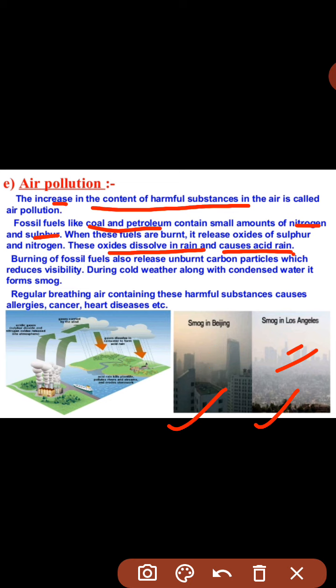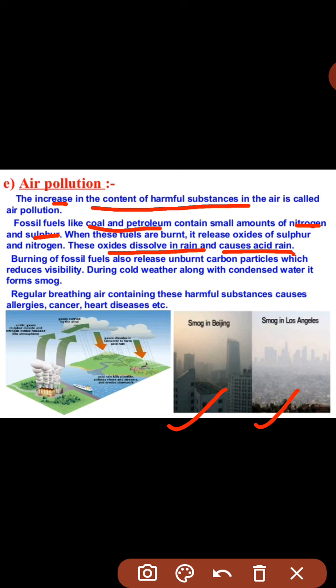It forms during cold weather along with the condensed water, and forms smoke. When the weather is cold, in the winter season, the water gets condensed, and this whole process is seen in the form of smog.